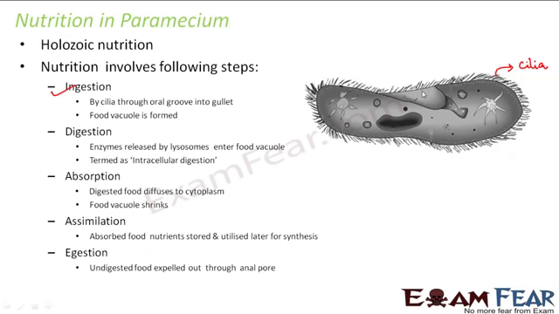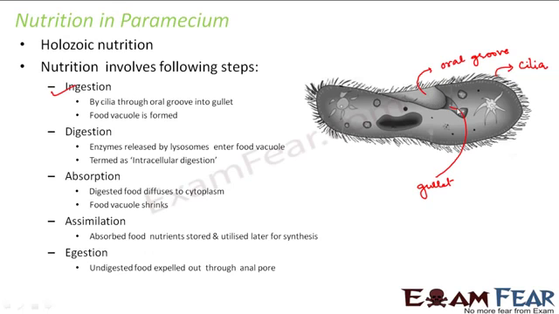This is the oral groove. And what is the gullet? This is the gullet. The oral groove will end into a gullet. So the food is taken from the oral groove, and from the oral groove the food reaches into the gullet.